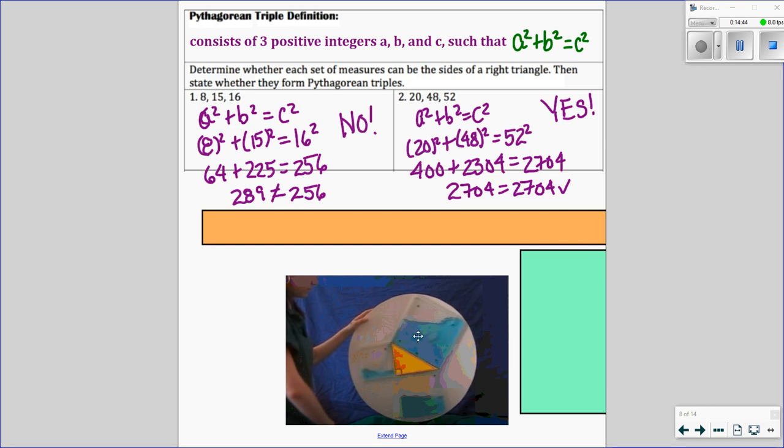If you were to fill up the 52 by 52 with water and turn it so it fills up the two other squares, it would fill them up completely. That would prove that those three sides form a right triangle. So it's all connected.